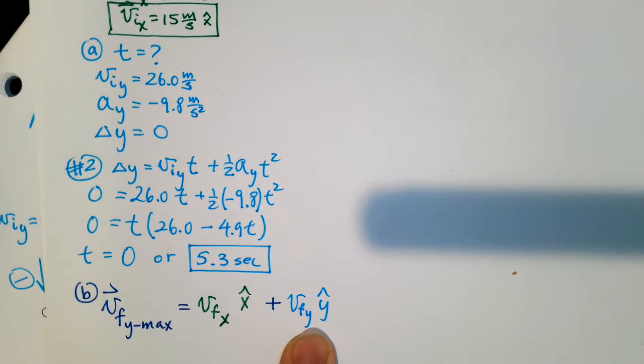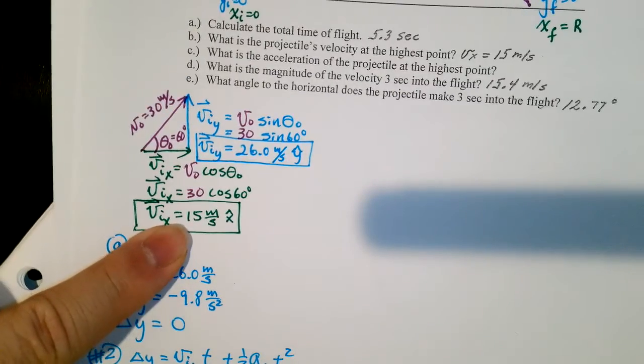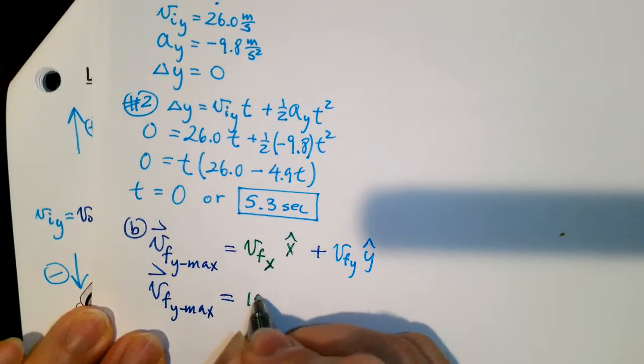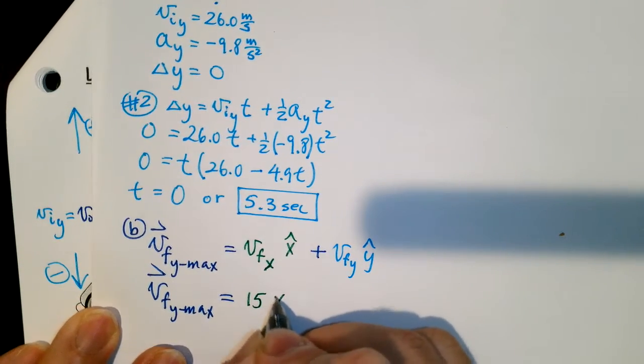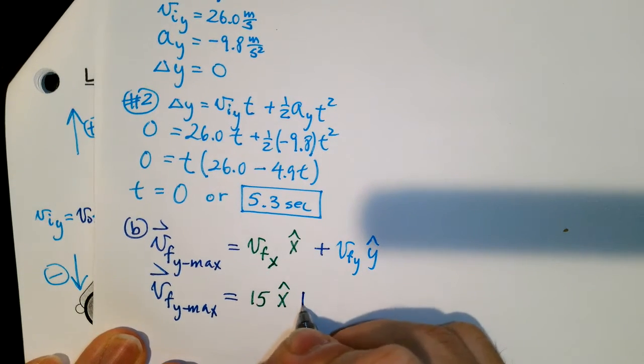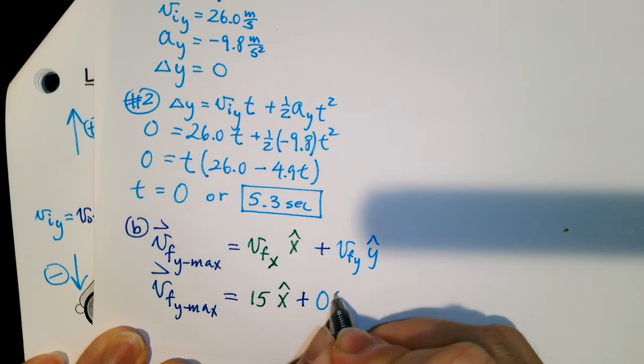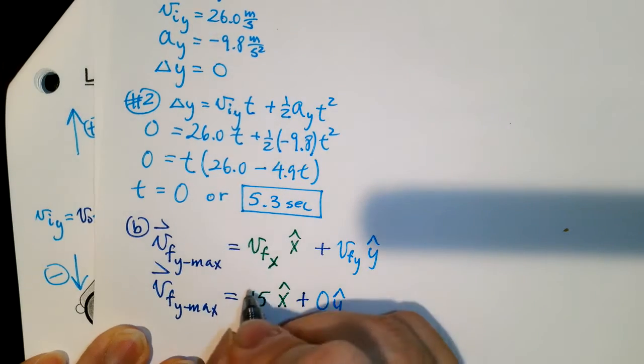Well, we know Vfy goes to 0. Vfx will always remain 15 meters per second no matter what time it is. So this is simply 15 x hat plus 0 y hat meters per second.